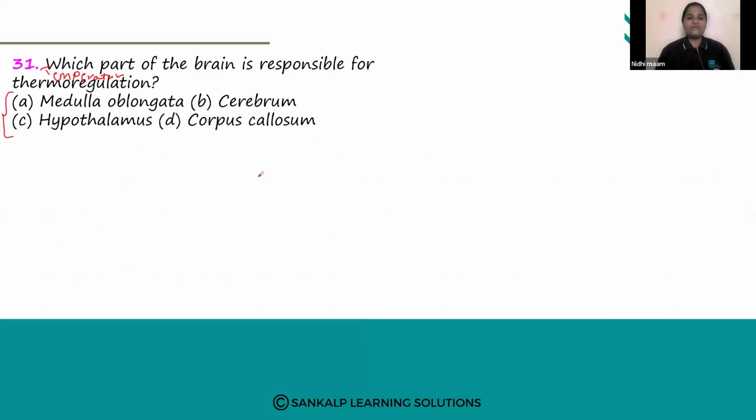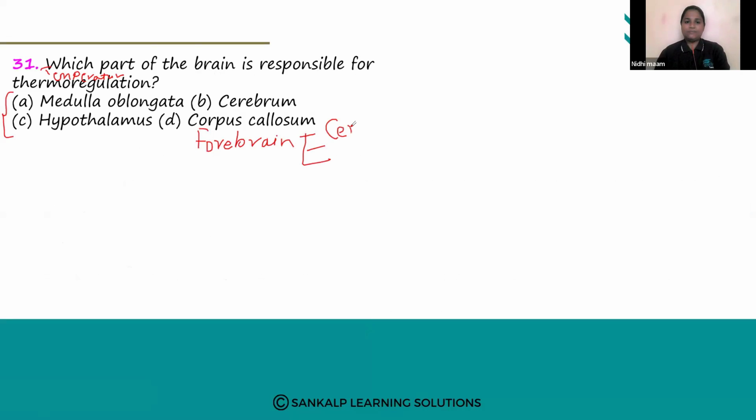So here they asked which part of the brain is responsible for thermoregulation, temperature regulation. Let me give you a hint. It is a part of the forebrain. Can anyone tell me now? The forebrain has how many parts here? The forebrain has three parts, right?